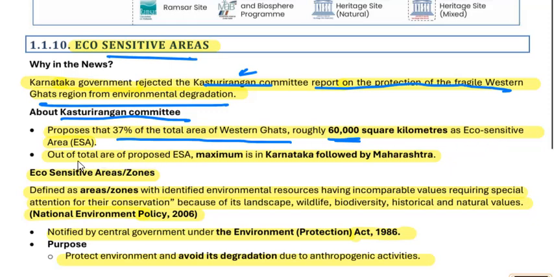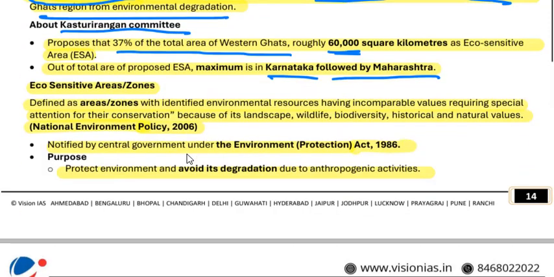Out of the total area proposed, the maximum is in Karnataka, followed by Maharashtra. So the decision came from the Karnataka government, which has the maximum eco-sensitive area.